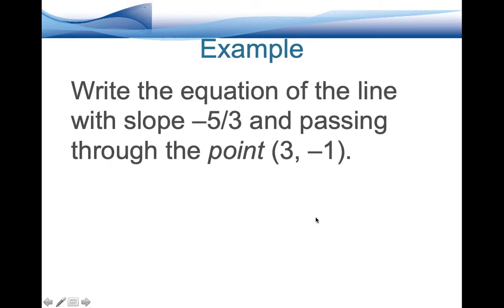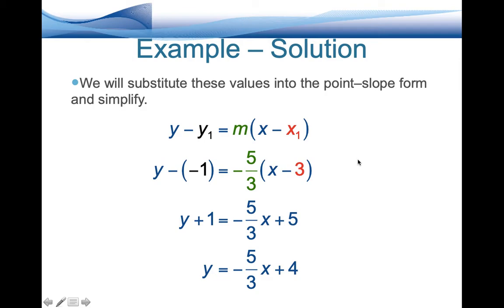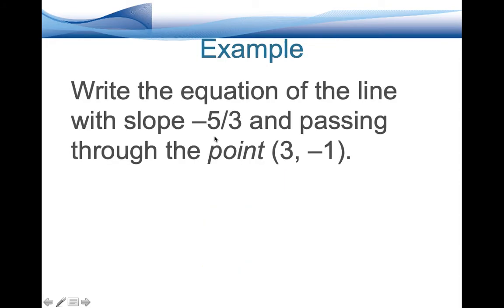So write an equation of the line with the slope negative 5 over 3, that's the fraction 5 over 3, passing through the point 3, negative 1. So to do that, we use our regular formula that's here. Now remember, the slope was negative 5 over 3.